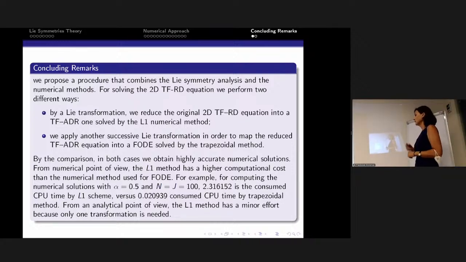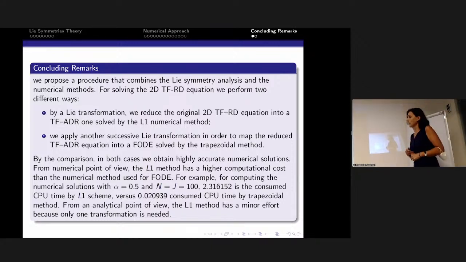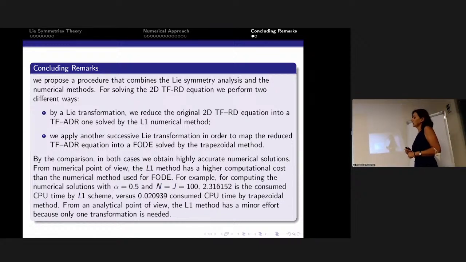In fact, for the computation that we used before, we spent 2.3 seconds with the L1 scheme. In the second case, we spent 0.002 seconds for the trapezoidal method. From the numerical point of view, it's obvious that for applying L1 we need only one transformation. In the second case, we need two transformations.